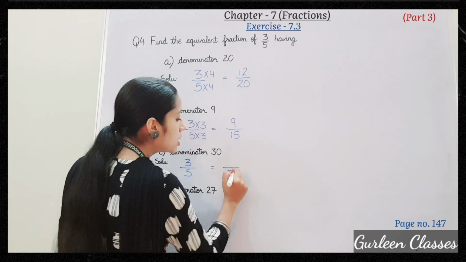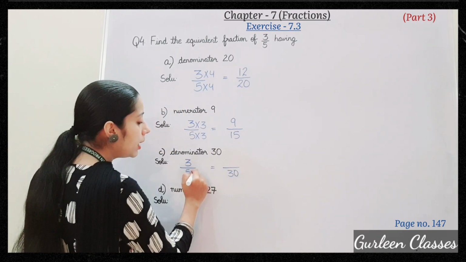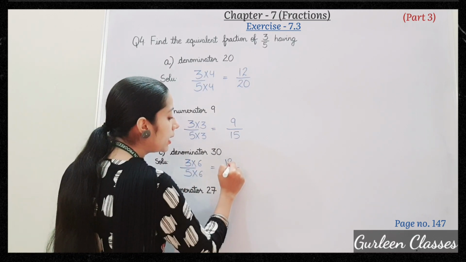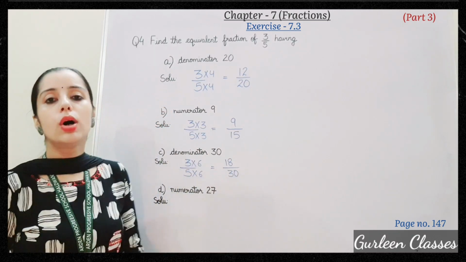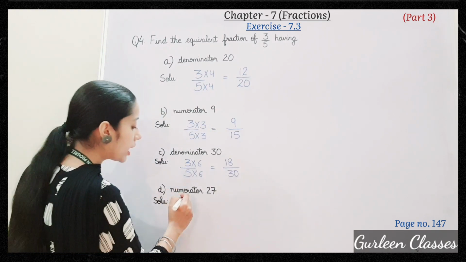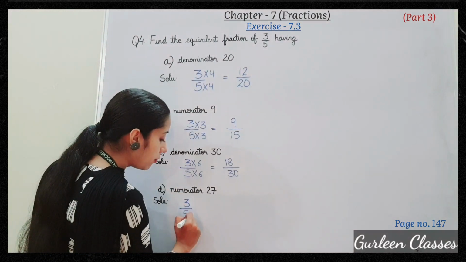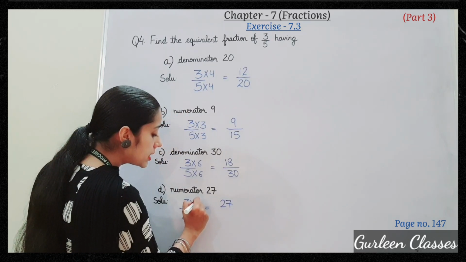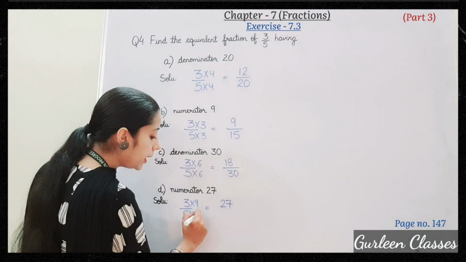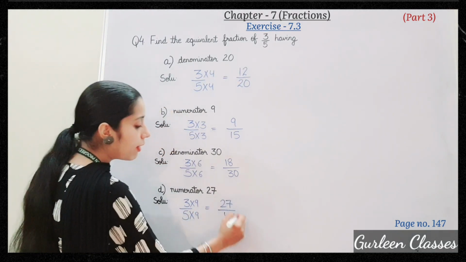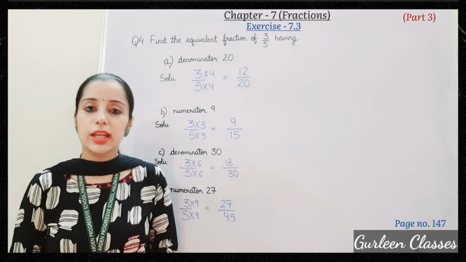So you will multiply by 6. 3 into 6 is 18. The fraction is 18 upon 30. D: numerator 27. So 3 upon 5 and the numerator is 27. 3 9s are 27, multiply the denominator also by 9. 5 9s are 45. The fraction is 27 upon 45.